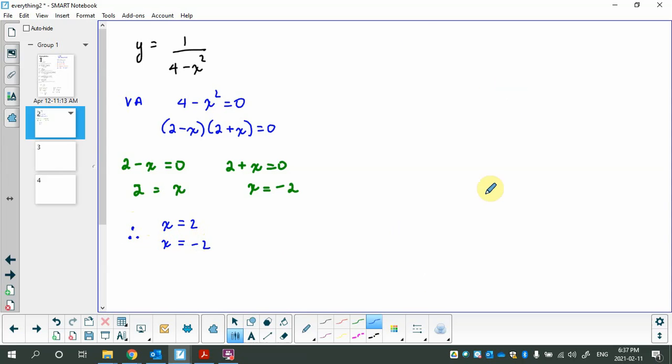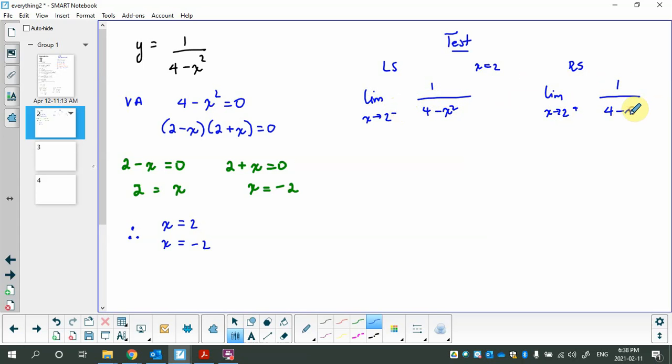Now I'm going to do my tests. So test left, test right. I'm testing x equals 2 first. So limit as x approaches 2 from the left, from the right, of 1 over 4 minus x squared.